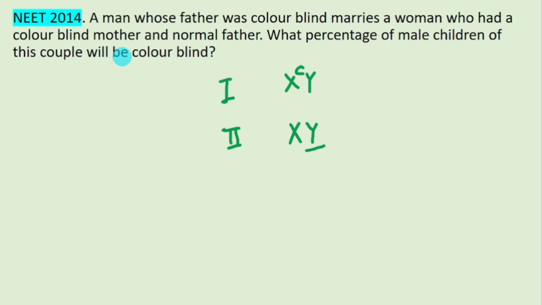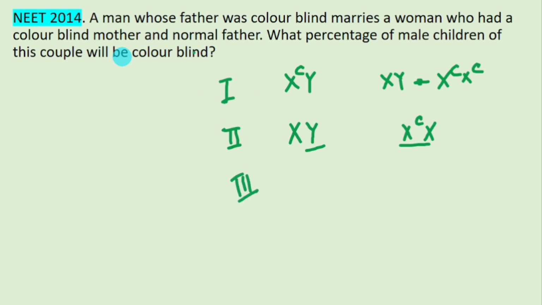So this man whose father was colorblind marries a woman who had a colorblind mother and a normal father. So the scenario will be she receives XC from mother and X from father, unaffected X. Now, what percentage of male children of this couple will be colorblind?